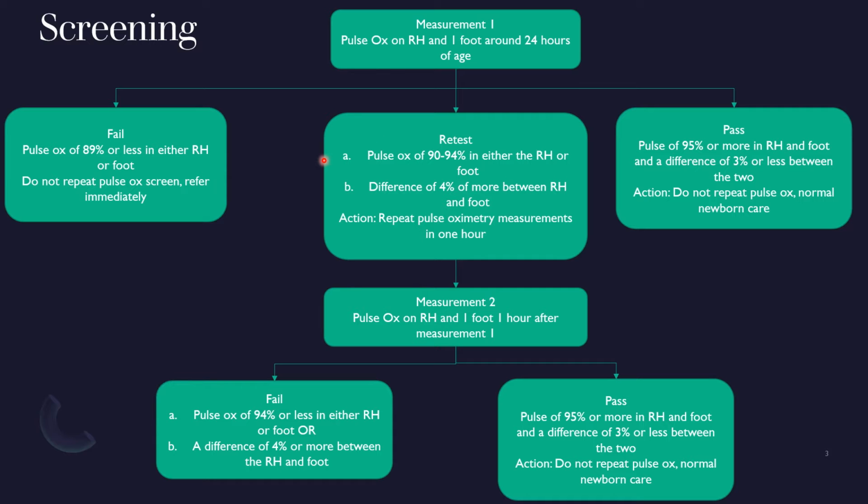If the pulse ox is between 90 to 94% in either the right hand or foot, or the difference is 4% or more between right hand and foot, then you repeat the pulse oximetry measurement in 1 hour. The second measurement is done like the first, pulse ox on the right hand and one foot, 1 hour after the first measurement. Whether they fail or pass, you follow the algorithm from the beginning.